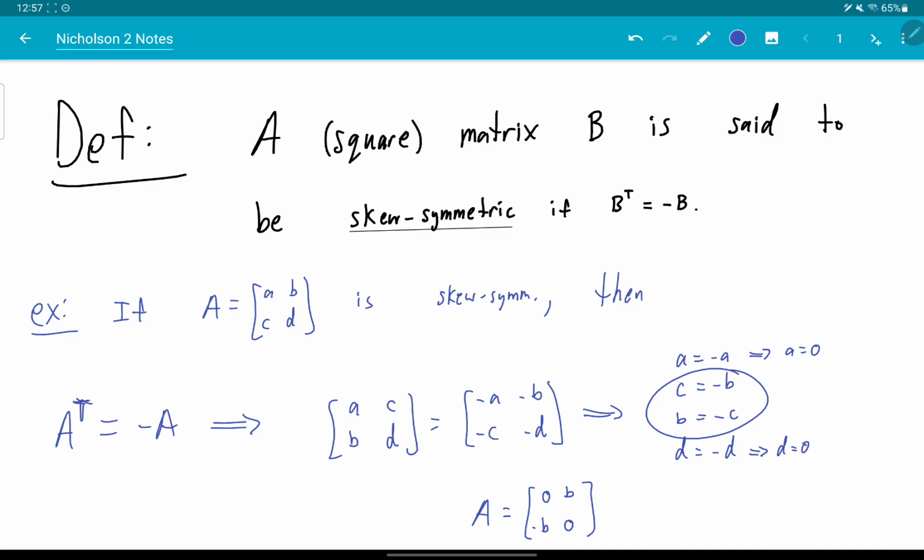Okay, more generally, you're going to have zeros in the diagonal, and then this part above the diagonal is going to be the negative of what appears below the diagonal.